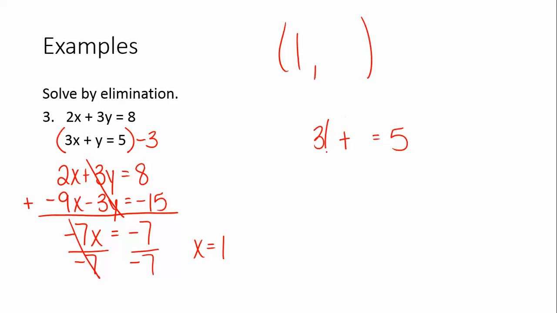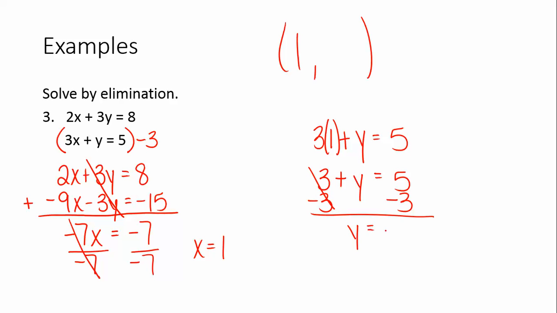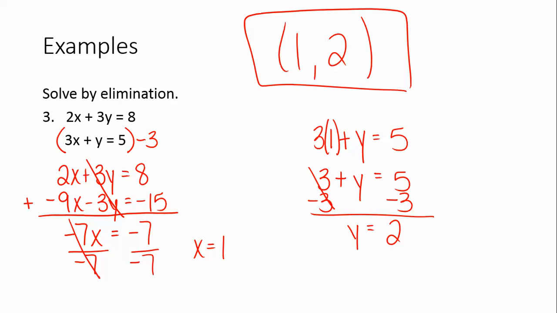I want to plug it in for the x because I'm solving for y. So 3 times 1 is 3, plus y equals 5. Subtract 3 from both sides, and we get that y equals 2. So our answer, where the two lines intersect, is 1, 2.